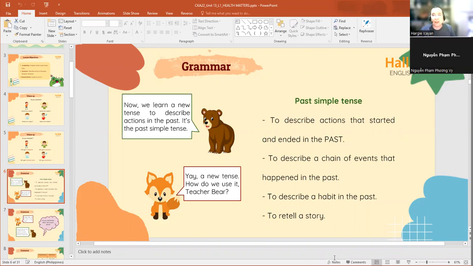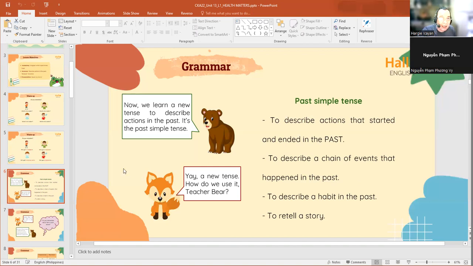And what are those? Of course, for some verbs we have to add something at the end of the word. For example, if the verb ends in E, we just add only D to form the past simple tense of the verb.